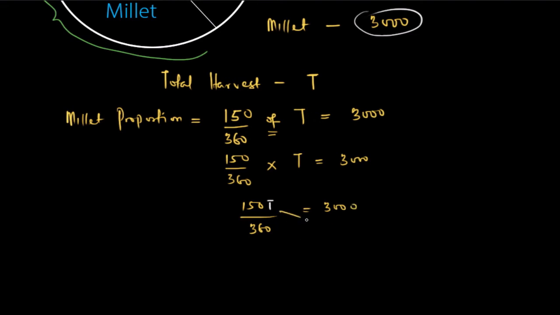To find T, we cross multiply, so 150T equals 3,000 times 360. Then we divide both sides by 150, so this goes off. 150 in 3,000 gives 20, and 20 times 360 gives 7,200.